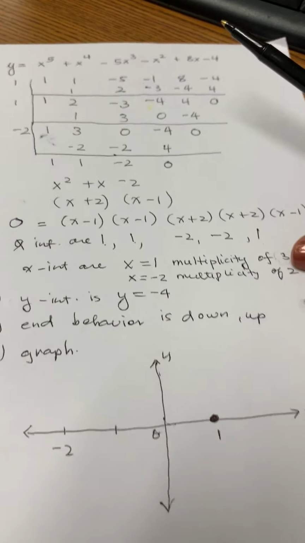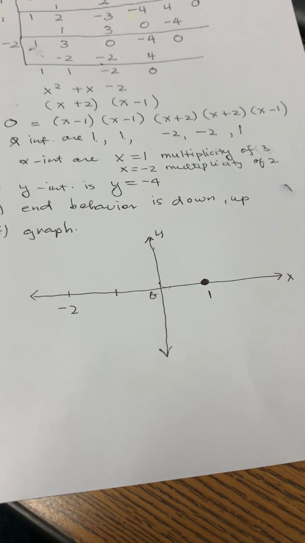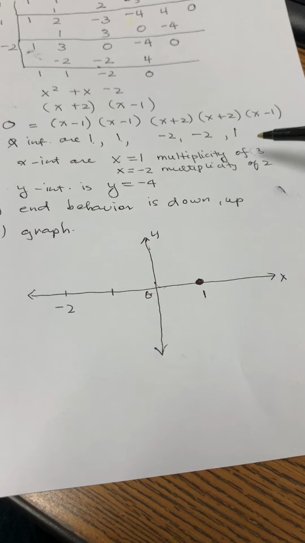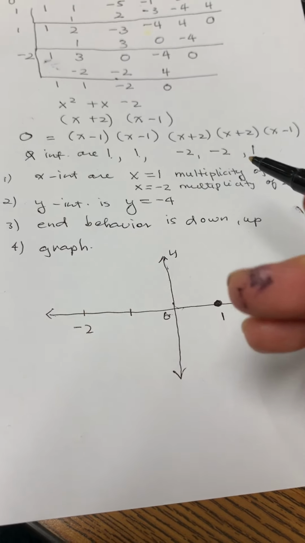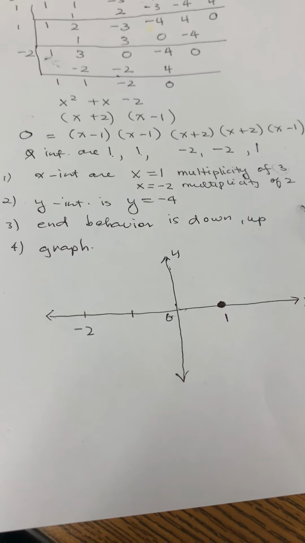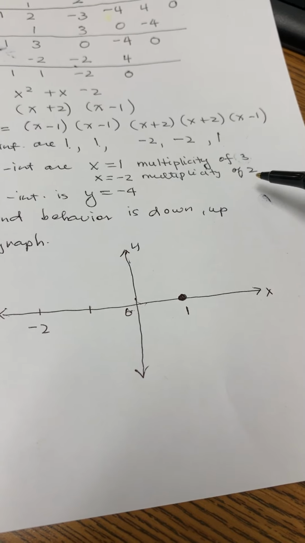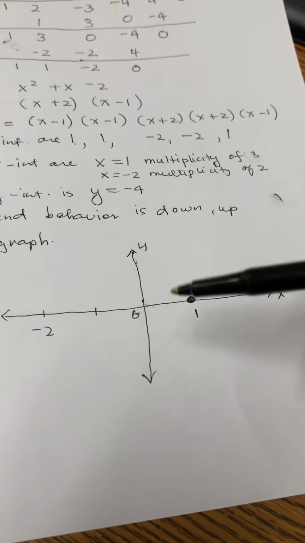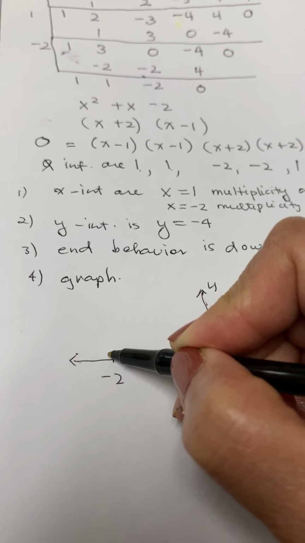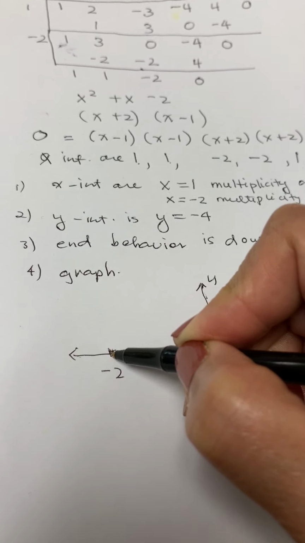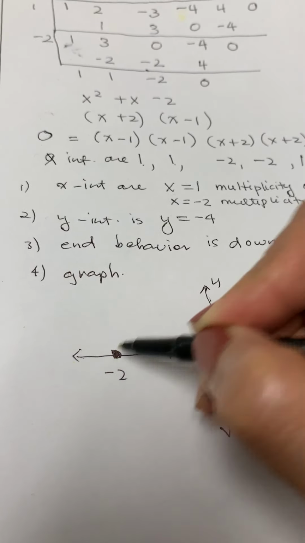So now how do we graph this? Our x-intercepts are 1 with a multiplicity of 3 and -2 with a multiplicity of 2. Now I suggest if the multiplicity is an even number, let's use a strategy of instead of a circle, let's do a small square, just to remind us that it is multiplied an even number of times.